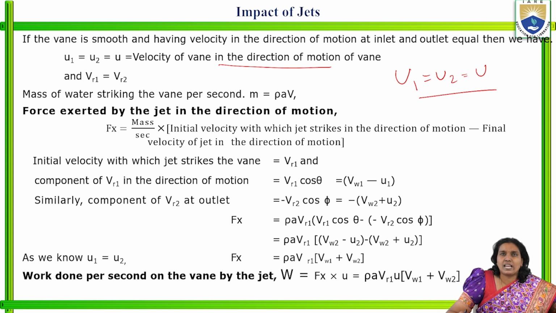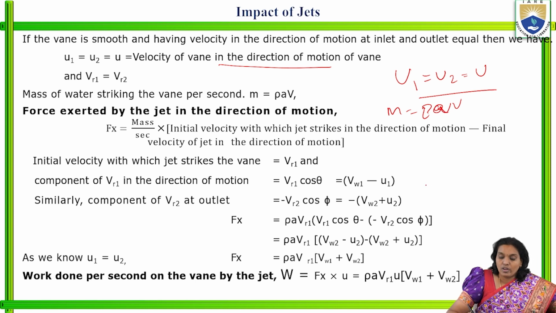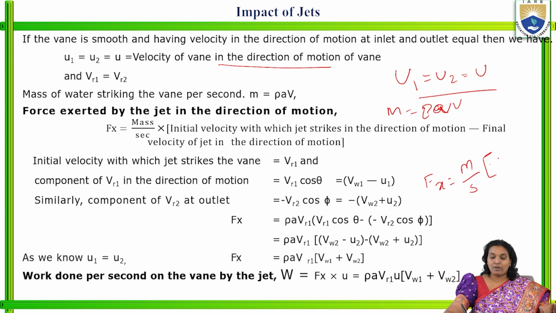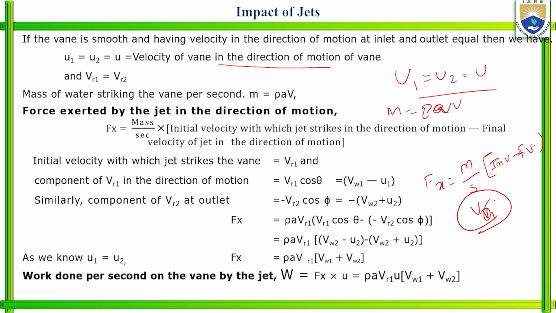So the mass of water striking the vane is rho a V. Now Fx, based on the momentum impulse principle, is mass per second times initial velocity minus final velocity in the direction of the motion. Here the initial velocity is VR1, because it is the relative velocity which we consider.